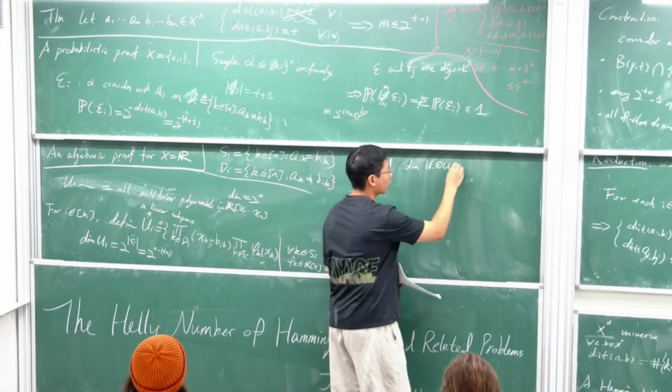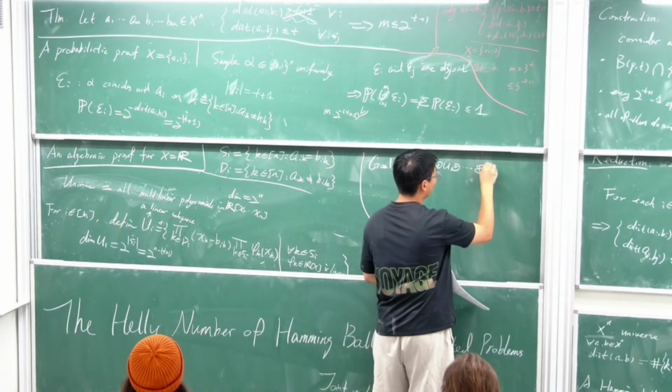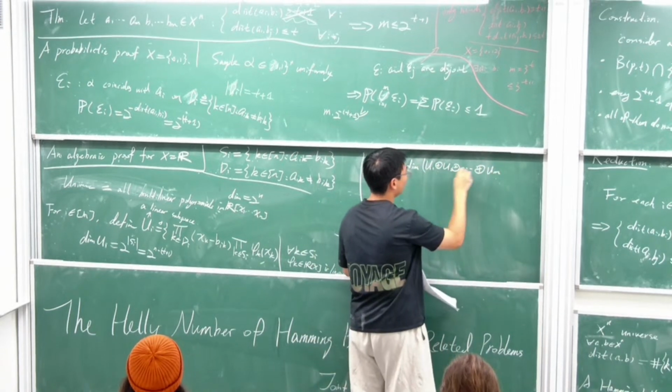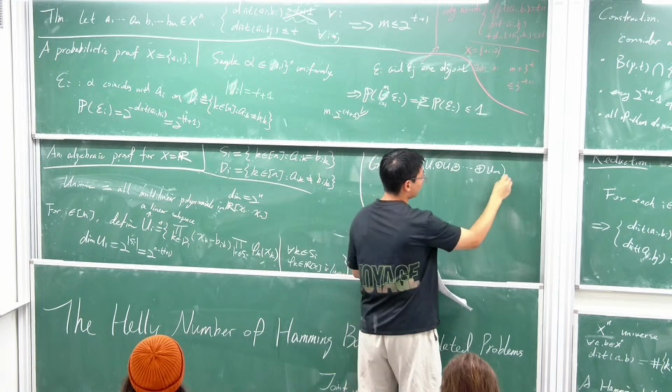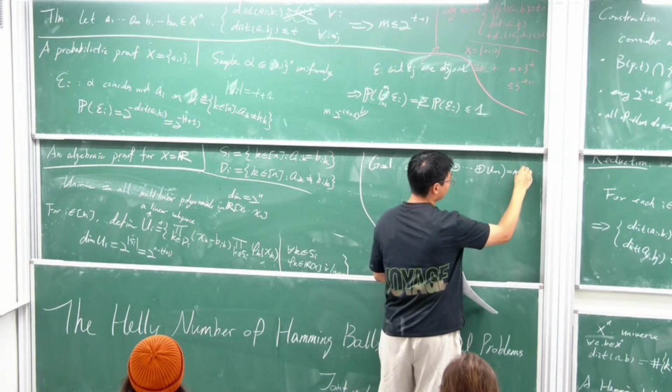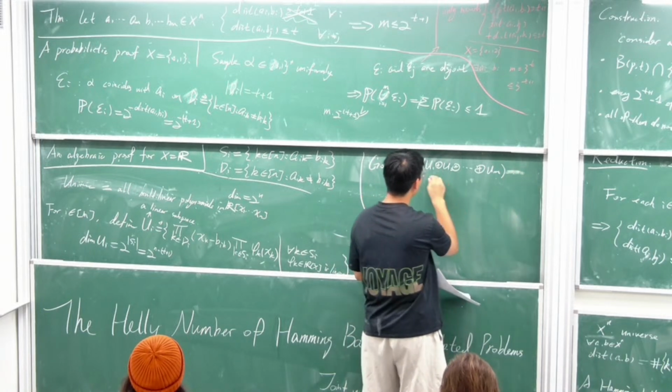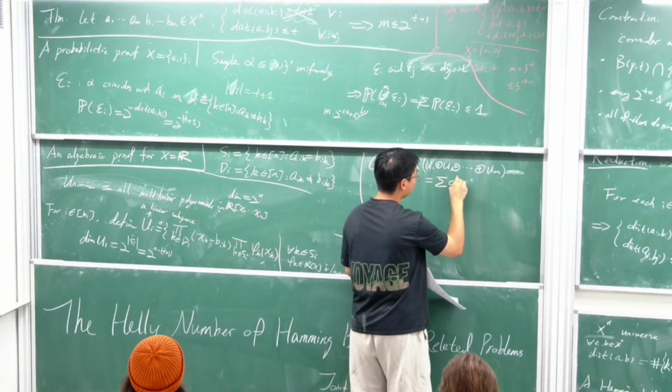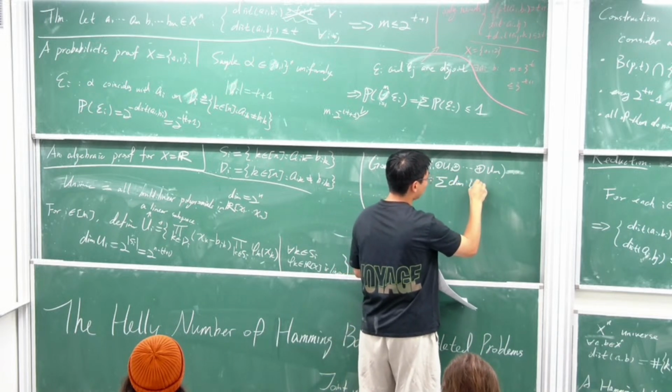Okay. So the goal is to show that this is equal to the summation of the dimension of each Ui.